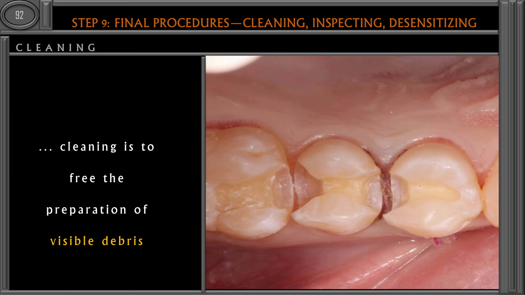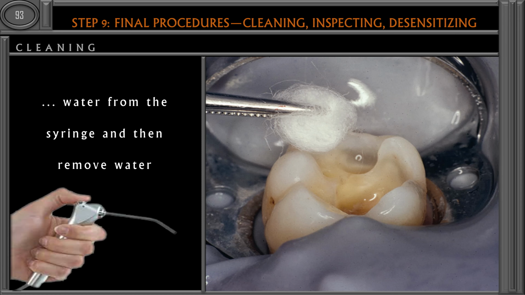Let's see about that. Cleaning is to free the preparation of the debris. There may be some smear layers present, or some loosened tooth structure, or some bits of enamel, or maybe some blood stains. So all these things have to be cleaned. For that we can use water from a 3-way syringe, and we have to dry with a cotton pellet.